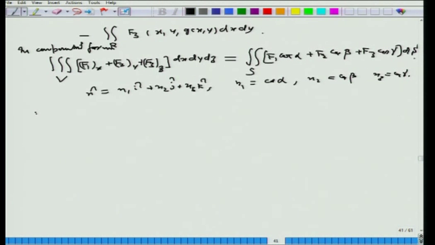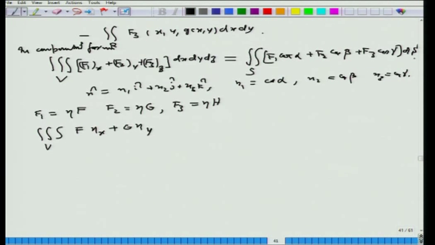Now, if we choose f 1 equal to eta f, f 2 equal to eta g, and f 3 equal to eta h, where again eta, f, g and h are assumed to be sufficiently smooth, we get over V the integral of f eta x plus g eta y plus h eta z dx dy dz, and we get one more term here.